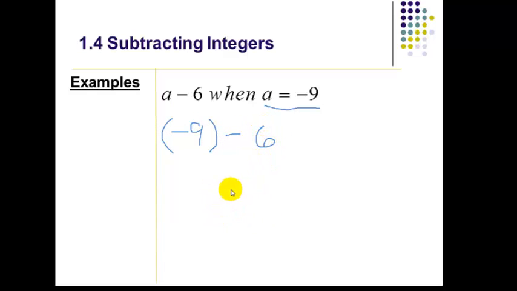Here we go, we're back to our subtraction. So we want to add a line, change the sign. Once we get to an addition problem, we can remember our same sign, add and keep, different sign, subtract. Since these are the same signs, we add them together. 9 plus 6 is 15. We keep that negative, and our answer is negative 15.